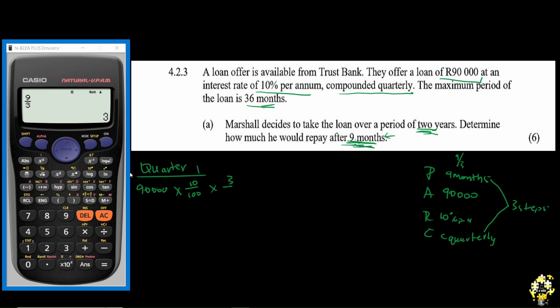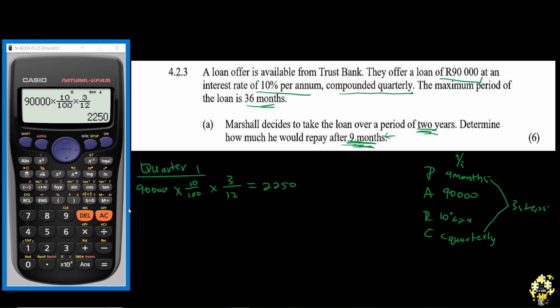Well, it's 3 over 12. Don't make a mistake, it's 3 over 12. We have done it in the first lesson. Now let's go to our calculator: 90,000 multiplied by 10 over 100 and by 3 over 12. So you get 2,250.